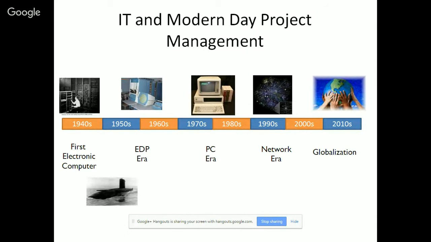From the 1950s to the 1970s, we were in the era of EDP, which is known as the electronic data processing era. During those days also, very large projects were completed. From 1970 to the 1980s is the PC era.